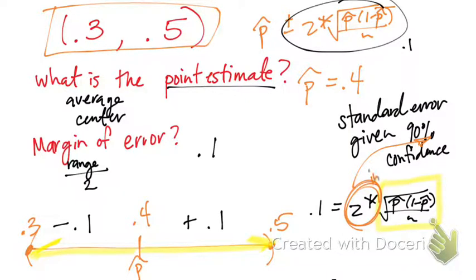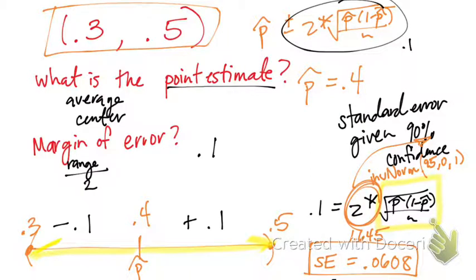So I would do inverse norm of 0.95, 0, and 1, and you get 1.645. Then you just divide 0.1 by 1.645. So my standard error, SE, is 0.0608.